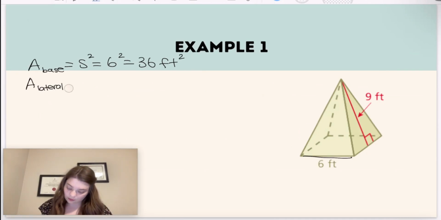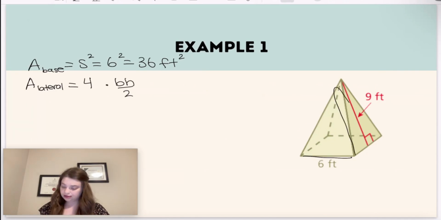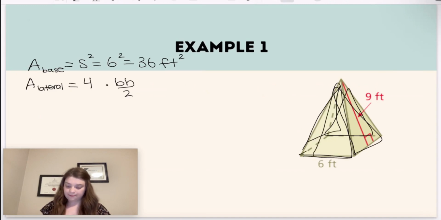So it's going to be 4 times base times height divided by 2, because base times height divided by 2, or 1/2 base times height, is the area of a triangle, and we're multiplying it by 4 because there's 4 triangles, right? 1, 2, 3, and 4.